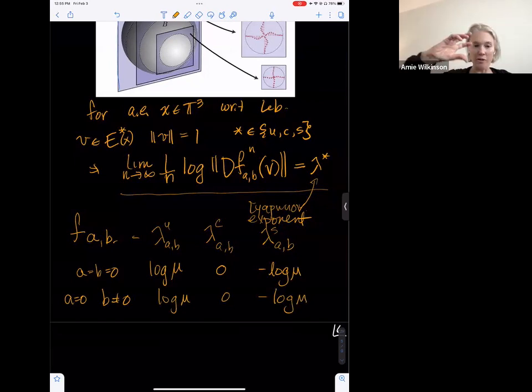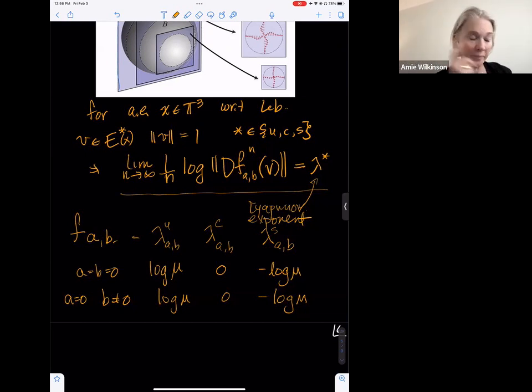Recall what happens here dynamically is I move these circles around according to the dynamics of the base, and I put a little rotation, and it varies from point to point how much I rotate. And so there's no expansion in this direction, right? So log of 1 is 0. But what we prove is that if I take B not equal to 0, that actually is not the important thing.